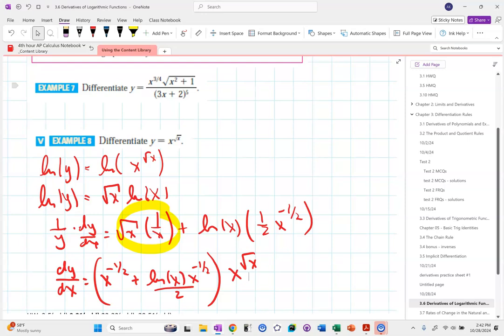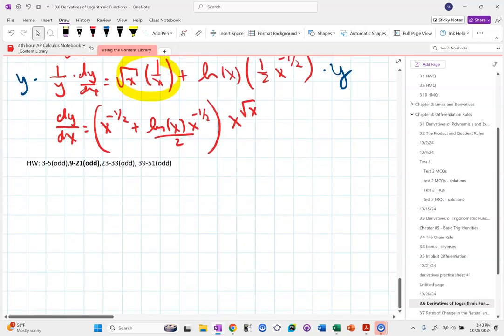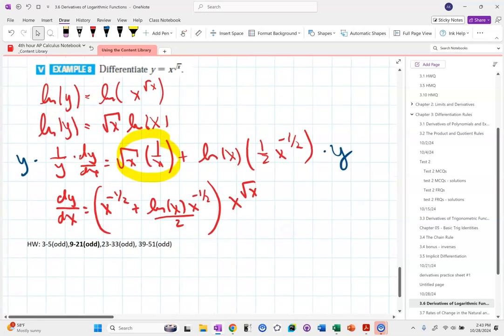What do you guys think? Why is it 1/x? The derivative of the natural log? Okay.